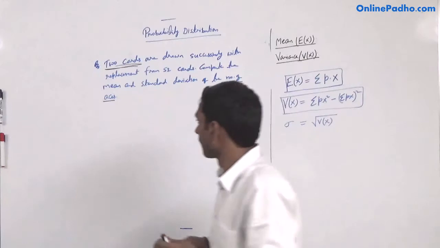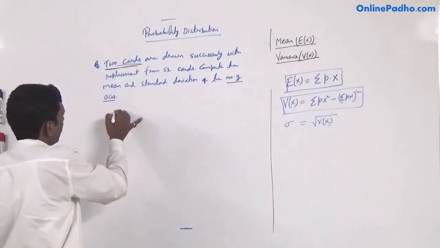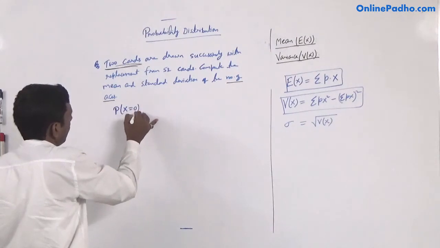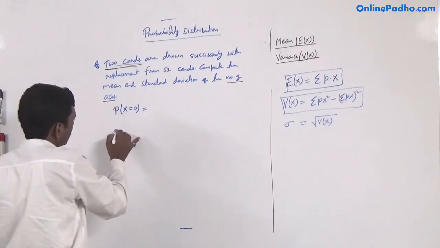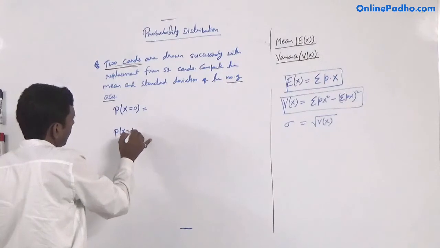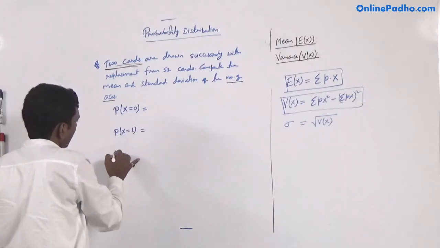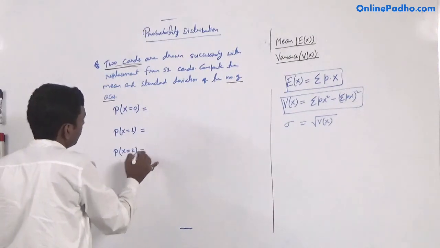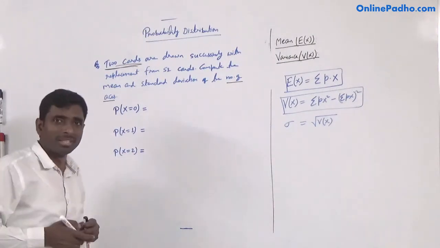Now, we need P(X equal to 0), meaning no aces; P(X equal to 1), meaning one ace and one non-ace card; and P(X equal to 2), meaning both are aces. How can we find this?